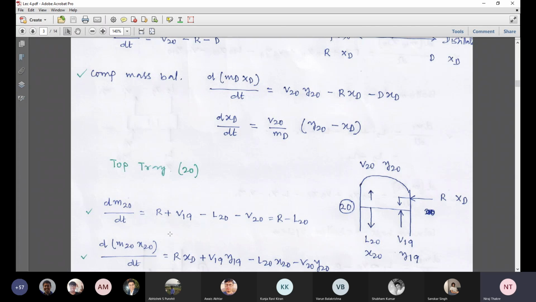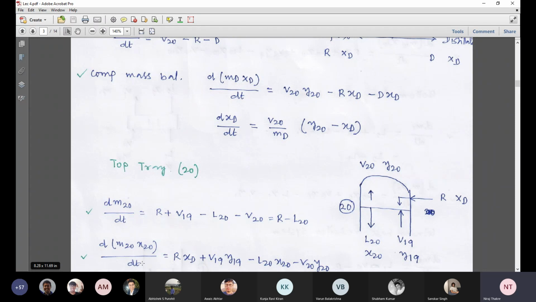Similarly, can you write this component balance equation in dx20 by dt and tell me the right hand terms? You simplify this component mole balance equation, keeping dx20 dt in the left hand side. Let me know the right hand side terms. In the similar fashion, you write the component mole balance equation, keeping dx20 dt in the left hand side.